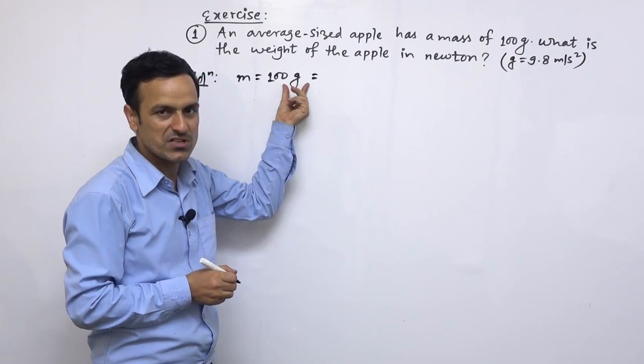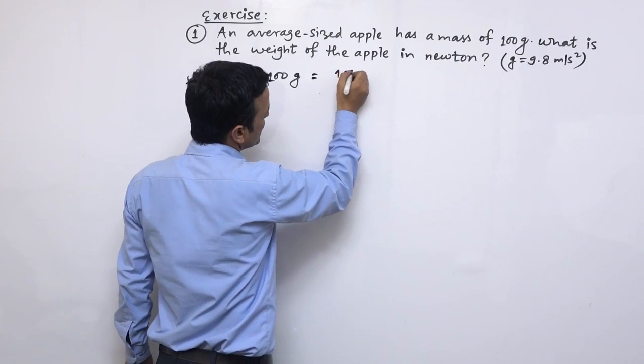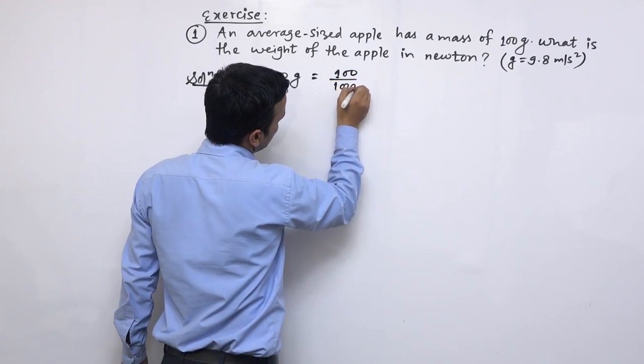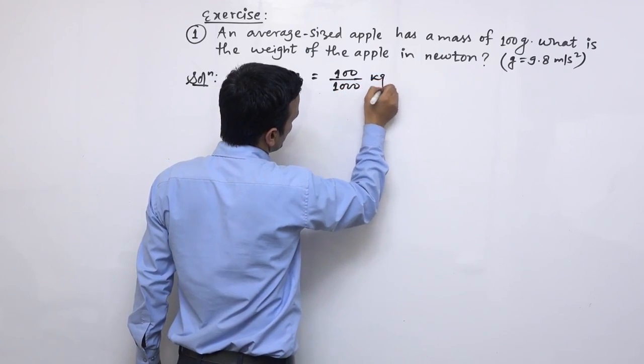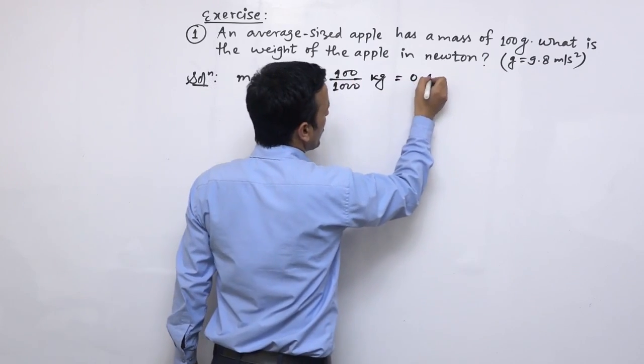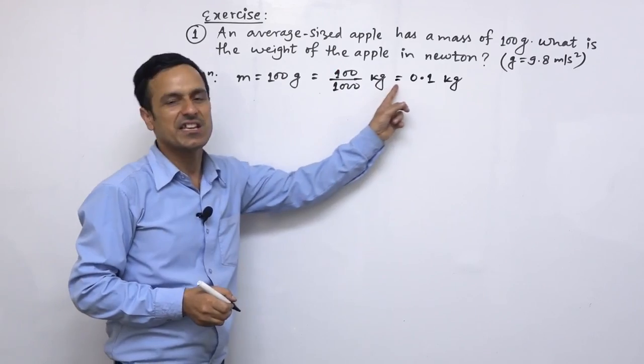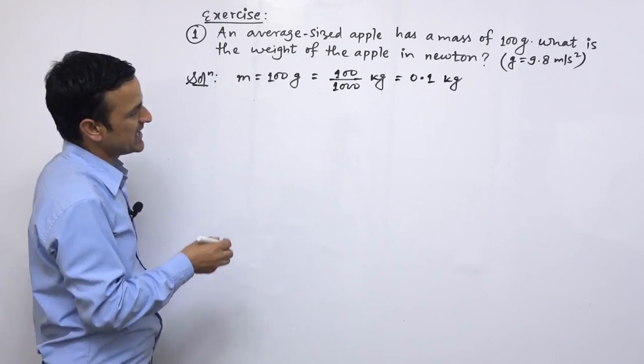Its SI unit is kilogram, not gram. We can convert it by dividing by 1000, so it becomes 0.1 kg, or 1 by 10 kg.